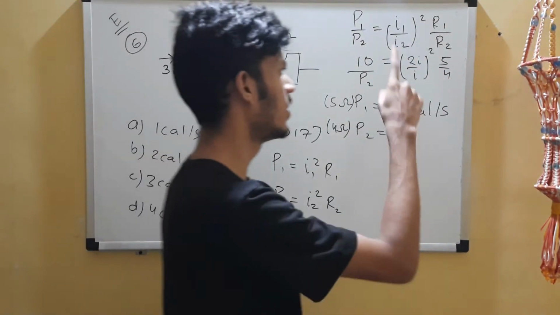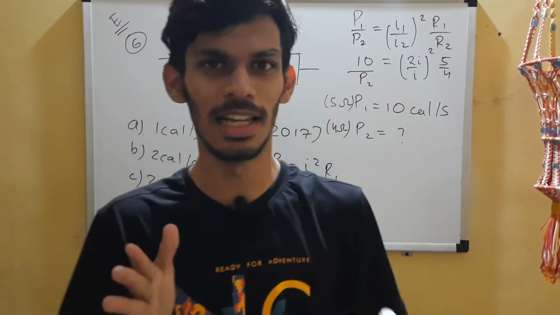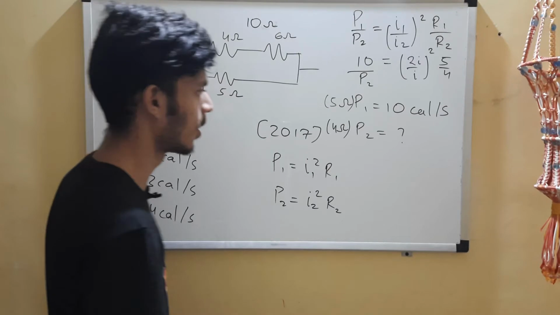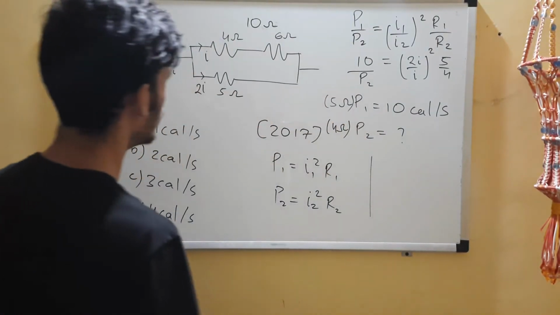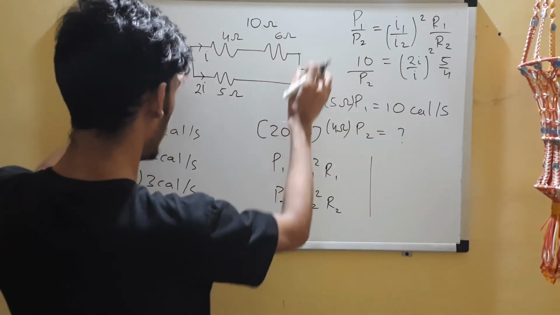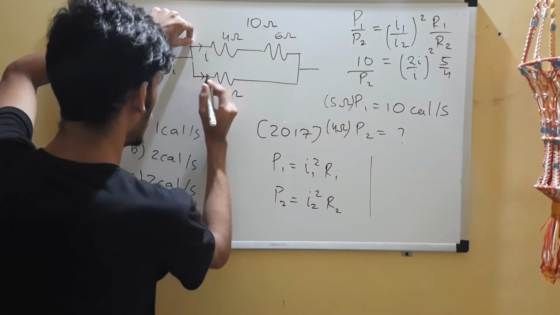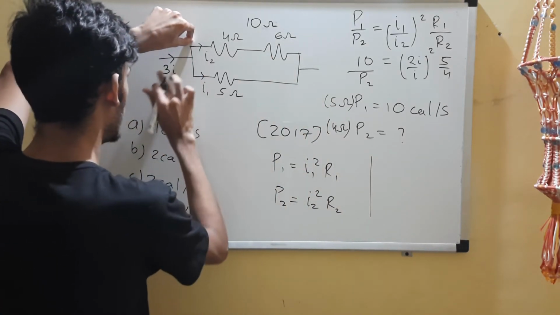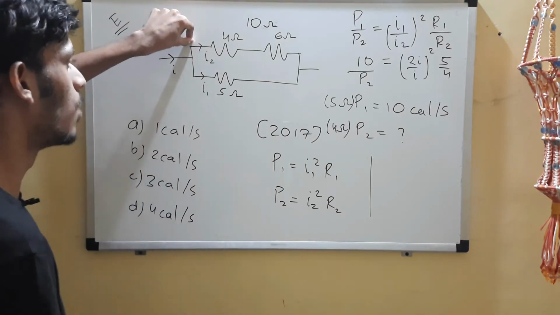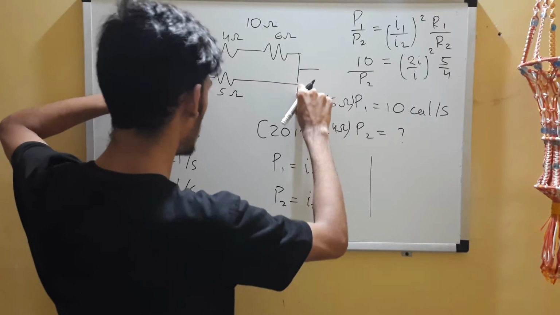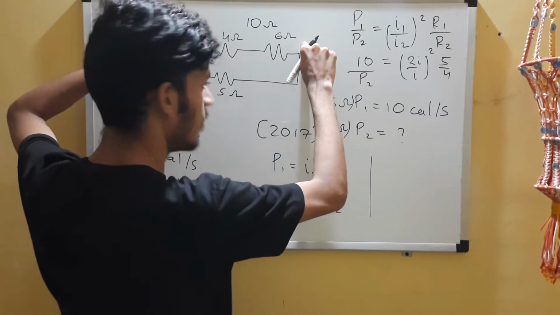Now even if you didn't get this current splitting logic, I can convince you about this in one more way. Let's bring it to the original state. Here it is I1, here it is I2. The potential difference across these 2 points is the same as the potential difference over here.